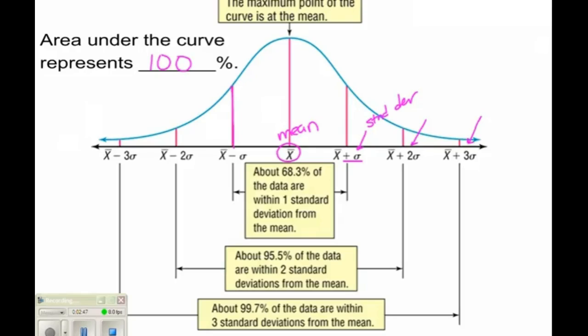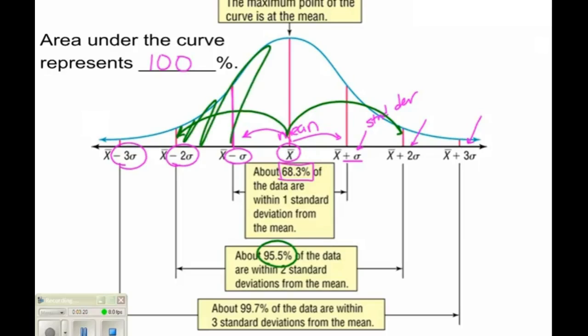This designation here talks about subtracting 1 standard deviation, subtracting 2 from the mean, and then subtracting 3 standard deviations from the mean. Over a lot of repetition, it has been known that 68.3% of the data lie 1 standard deviation above the mean and 1 standard deviation below the mean. 95.5% of the data lands 2 standard deviations above and 2 standard deviations below.